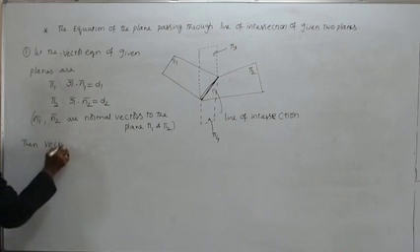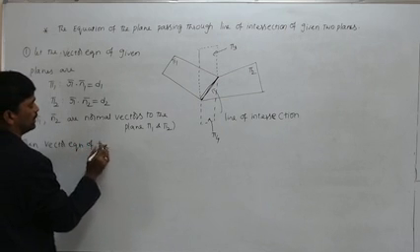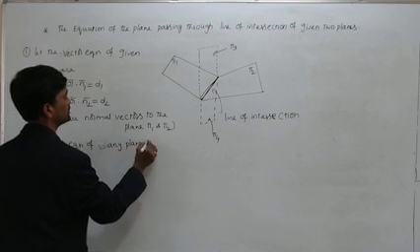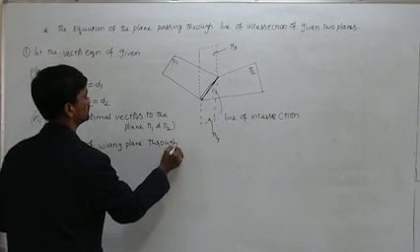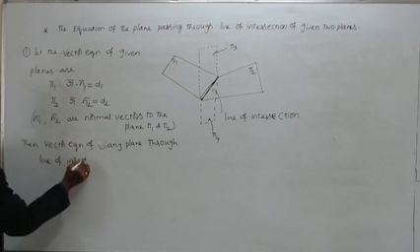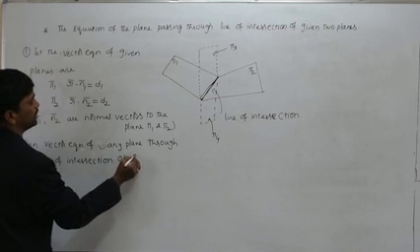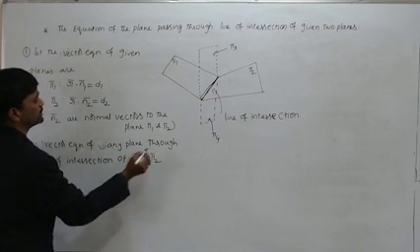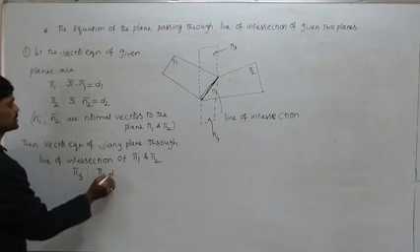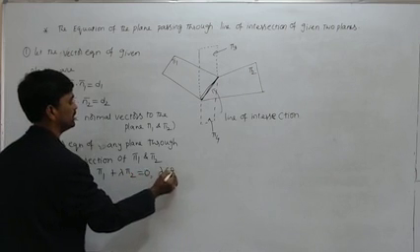The vector equation of any plane passing through the line of intersection of planes pi 1 and pi 2 is, that is the third plane, in the form of pi 1 plus lambda into pi 2 is equal to 0, where lambda is a real number.